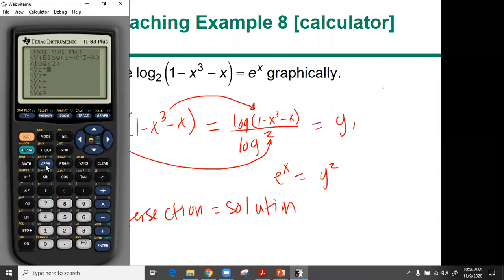That's my y1. And then y2, I have second e to the x. And now I have y1 and y2 in. I'm going to hit graph. And where they intersect is my solution.